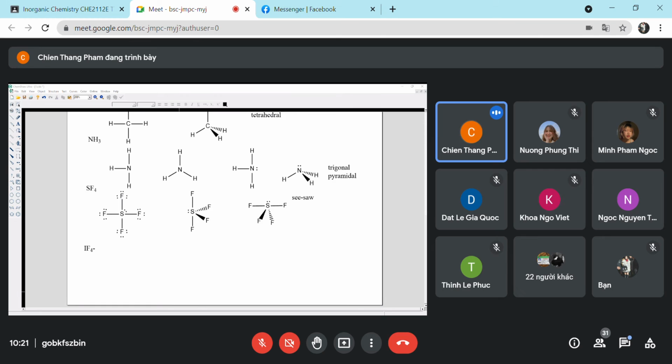Please understand the question. I asked you for the Lewis structure of IF4 minus. So what is the Lewis structure?